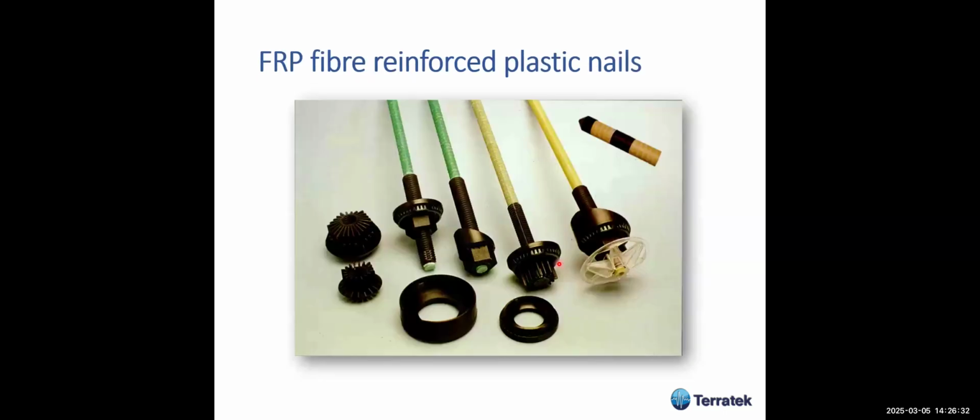Okay. Another very good solution to avoid corrosion problems entirely, but the cost is a little bit higher, is fiber reinforced plastic nails or anchors. Okay, this has been in the market for some time.